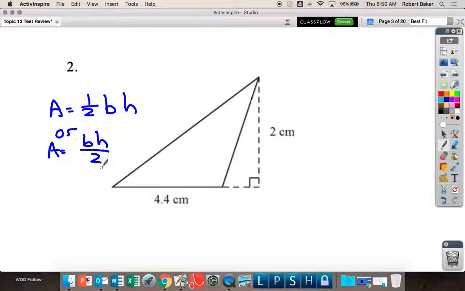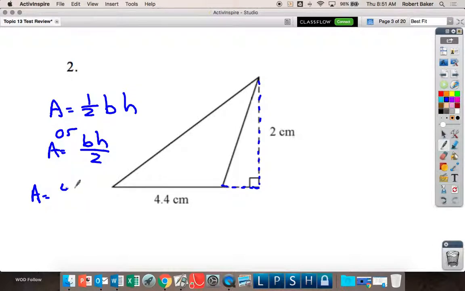Now, don't fall for it. This is not part of the triangle. This is just telling you what the height is. So, area is equal to, which formula are you using? Top or bottom? The bottom one?